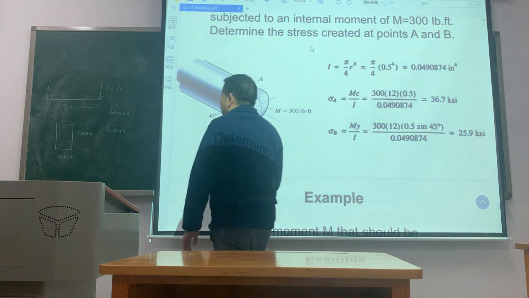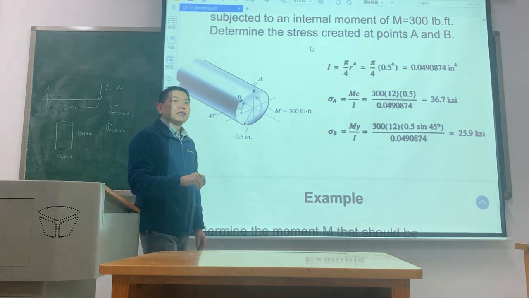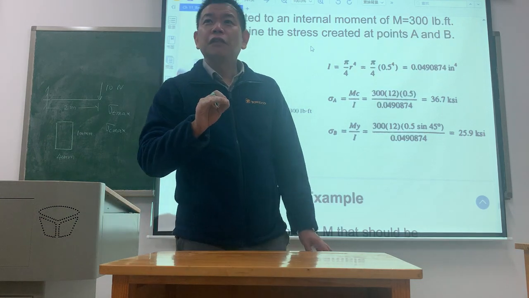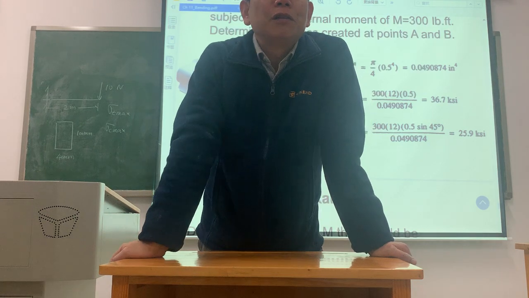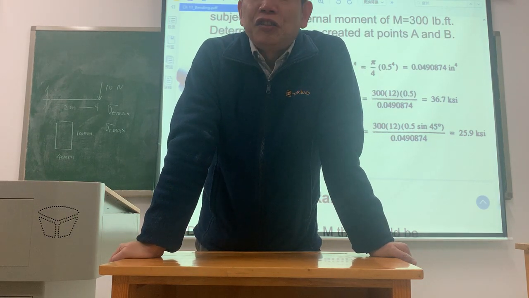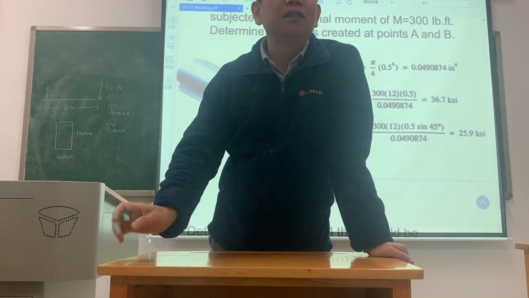Suppose the beam is made of concrete. If the beam will break, where is the first crack in the beam?